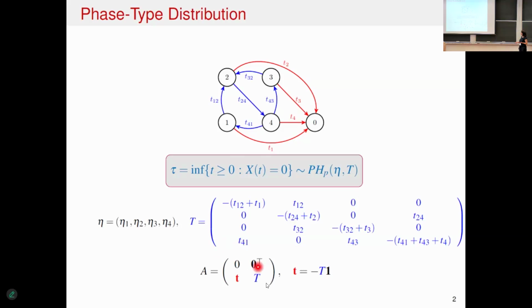Then this is the matrix T, and this little t is called the exit vector, showing the rate of going from the phases to the absorbing state. And I forgot to say that this p here shows the number of phases that we have. In this example it is 4.